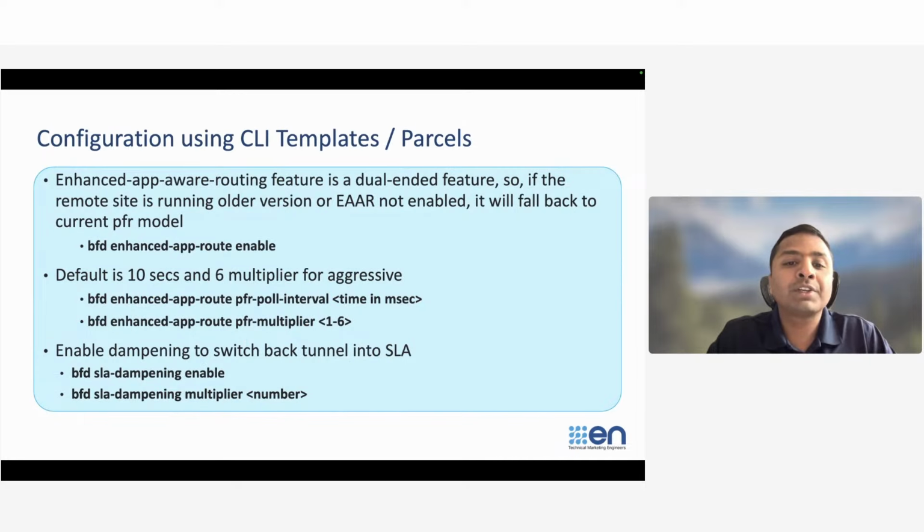In terms of using CLI, you can use CLI templates or parcels, and these are the CLIs. BFD enhanced app route enable enables BFD enhanced app aware routing. And if you're using aggressive, you have the enhanced poll interval and multiplier and the dampening CLI, which gets enabled by default.